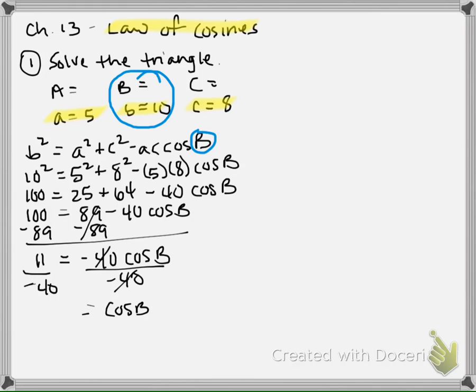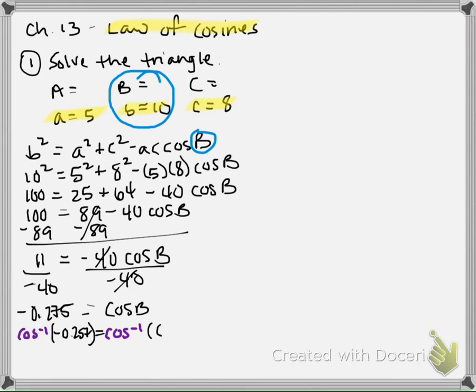That tells me that cosine B equals negative 0.1375, okay? But I don't want cosine B, I want B. So I'm going to have to take the inverse cosine of both sides. Inverse cosine of negative 0.1375.